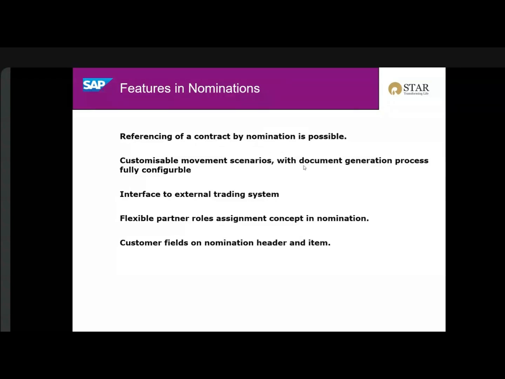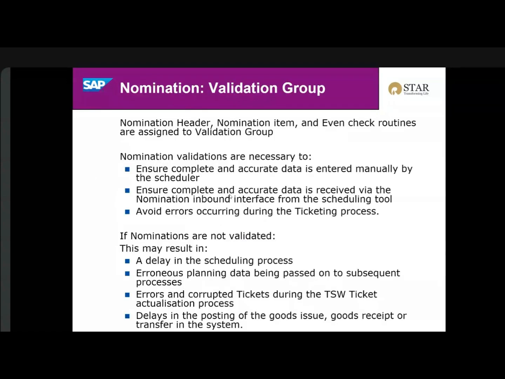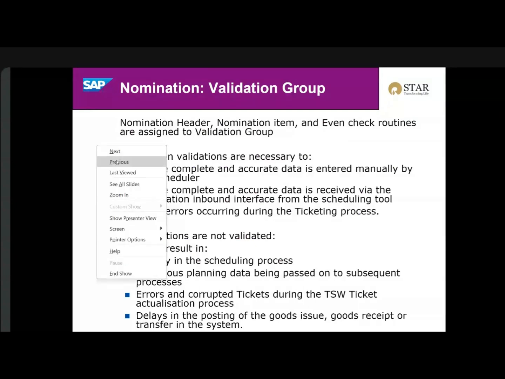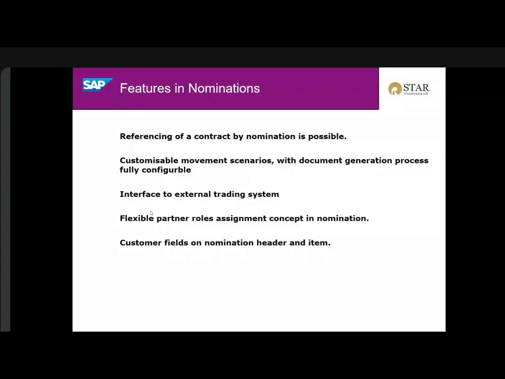Customize your movement scenarios. That movement scenario we can configure. Interface to external trading system, that's also possible, so that from the trading system, all the relevant information for creating the nomination comes automatically.